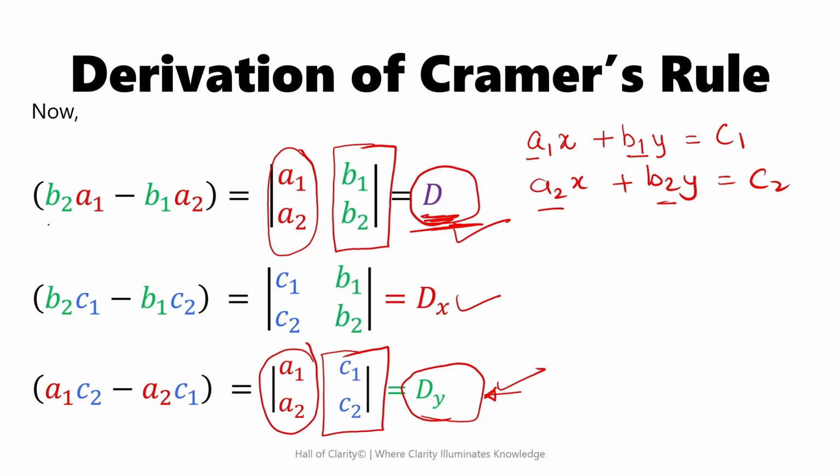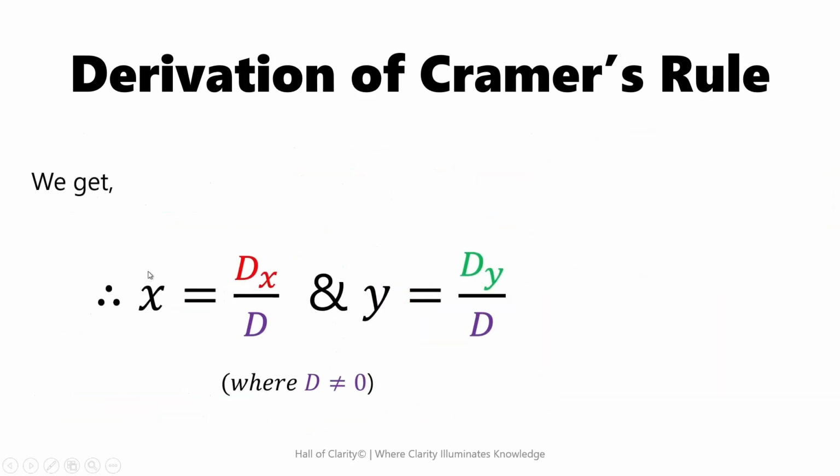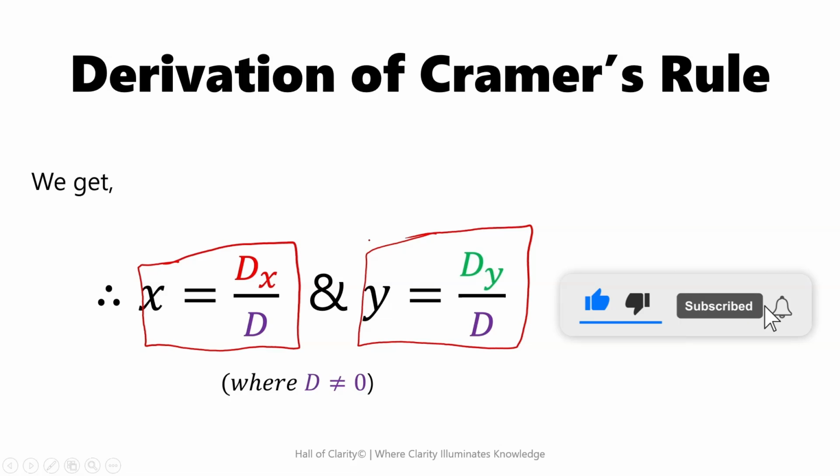When we put the values of these terms, which are d, dx and dy, in equations number 3 and 4, then what will we get? The value of x will come out to be x is equal to dx upon d, and the value of y will come out to be dy upon d.